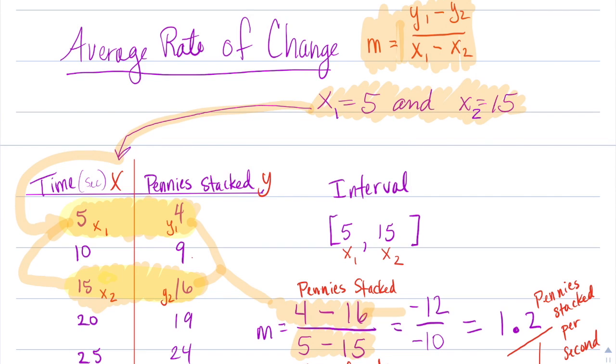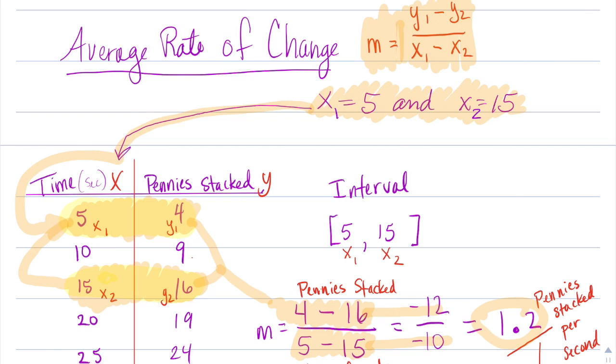I'm going to solve my top numbers first, my bottom numbers. I'm going to divide those and get my final answer. Okay, so that was our steps. So we have an interval. We need a y value for each of those x values in our interval to plug into the formula.